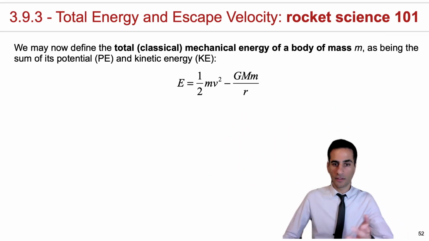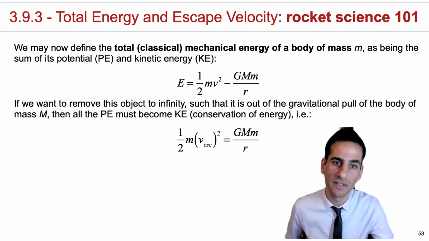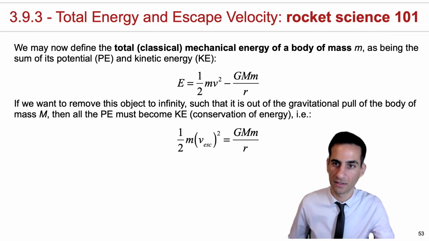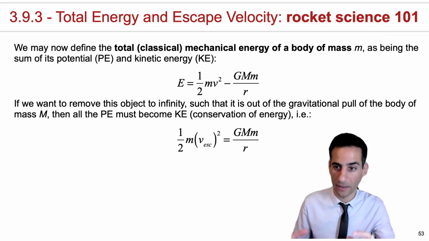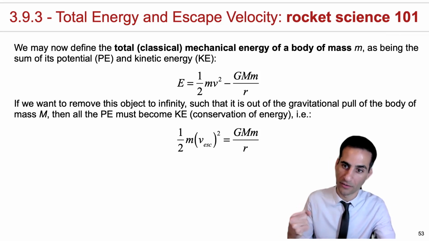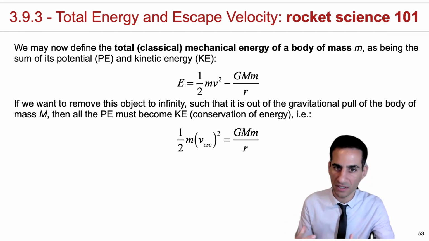Now, say that we want to remove this object to infinity, such that the gravitational pull of the body of big mass M, like the Earth or the Sun, can no longer keep it bound. So essentially, we want to make the system unbound.